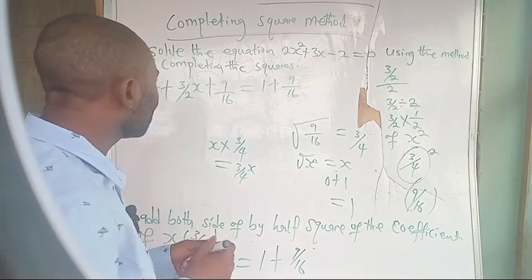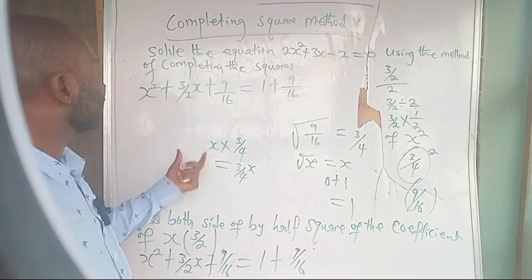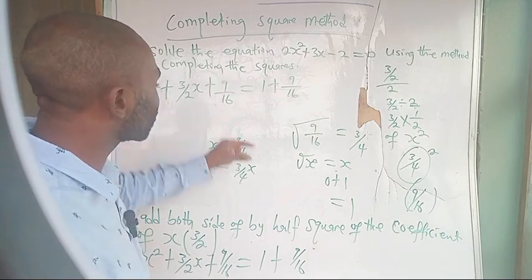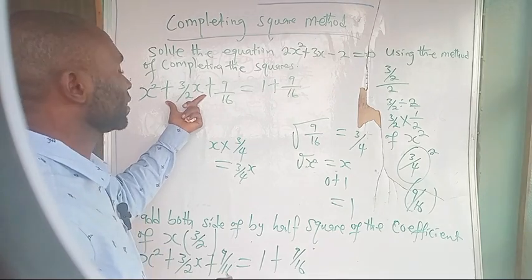But before you get the middle term, it is the square root of the first term and the last term multiplied by 2 that always gives you the middle term.